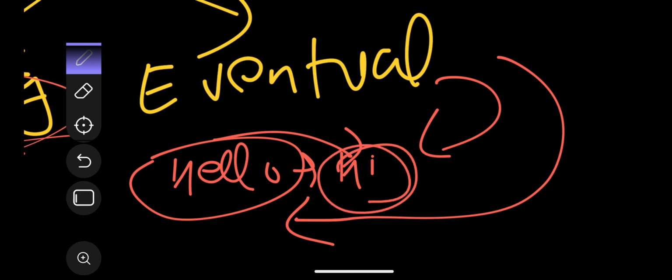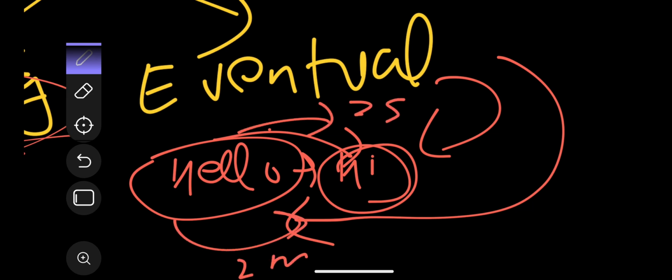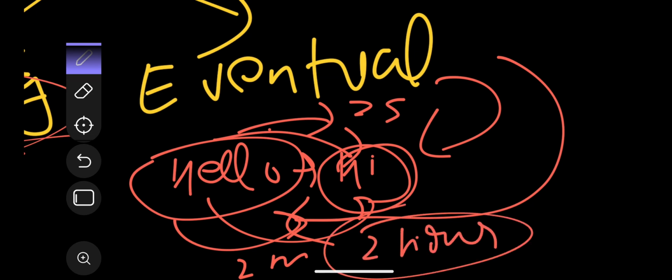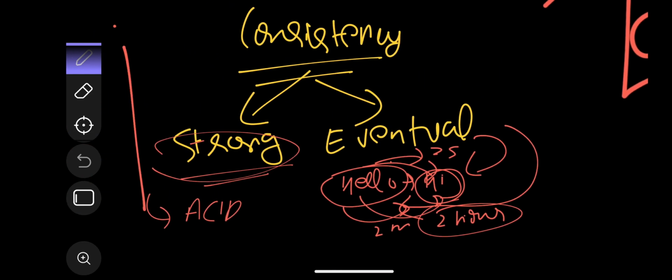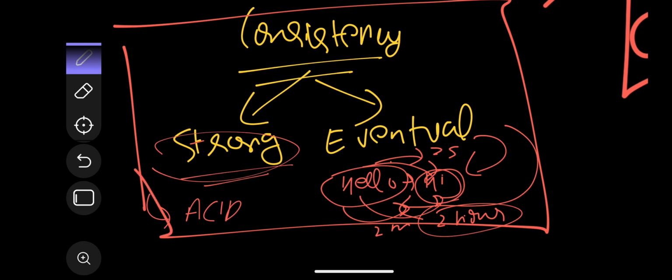An eventually consistent database gives guarantees that the state of the database will eventually reflect writes within a time period. Let's say this can be 2 seconds, 2 minutes, or even 2 hours. So you have to decide which is best for your system according to your requirements. These are the two kinds of consistency when it comes to databases.